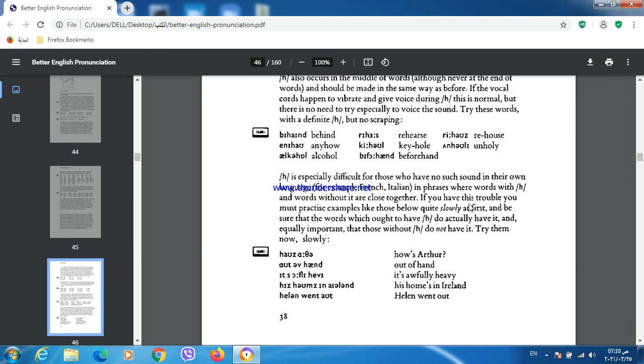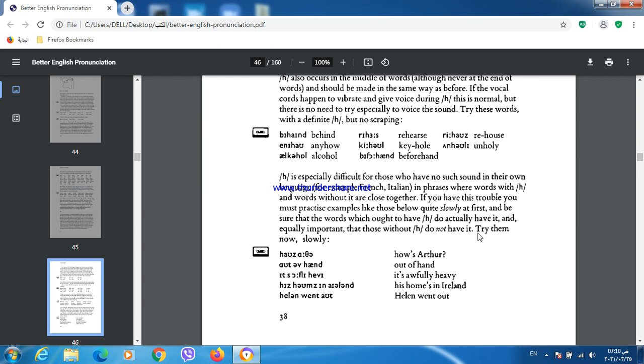If you have this trouble, practice examples like those below quite slowly at first, and be sure that the words which ought to have h do actually have it, and equally important that those without do not have it. If you are French or Italian, try to repeat the words and make sure that when there is h you pronounce h, and when there is no h you do not pronounce it.